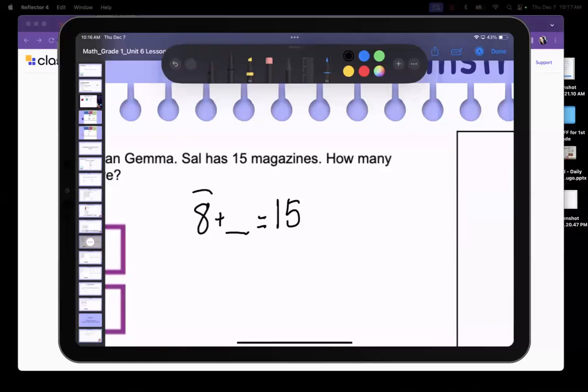So put the 8 in your head and count up to 15. 8, 9. Good job, Elena. Good job, Kalia. Maybe like 7. Okay, you think it's 7, Zayden?